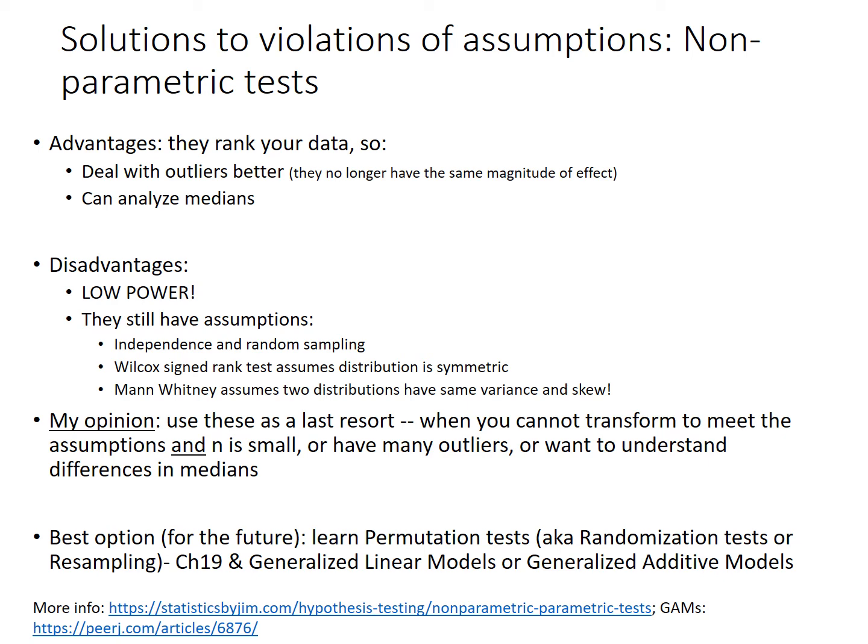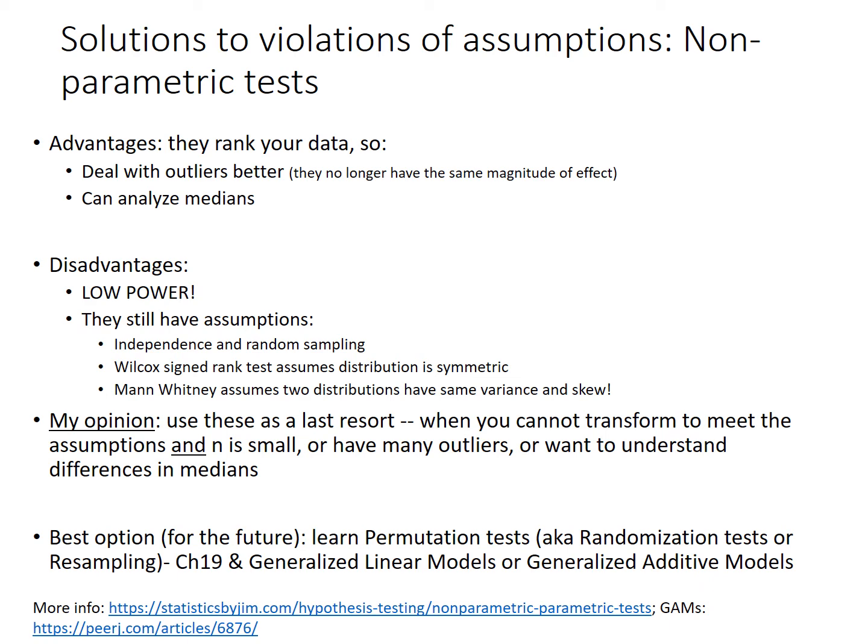And really important, that a lot of people don't realize, a lot of these non-parametric tests actually do still have assumptions. They have, of course, the assumption of independence, random sampling, something that's kind of always implicit in there, but something to always remember ourselves as scientists. Some of them, like the Wilcoxon signed-rank test, assume the distributions are actually symmetric. They may not be normal, but they should be symmetric.